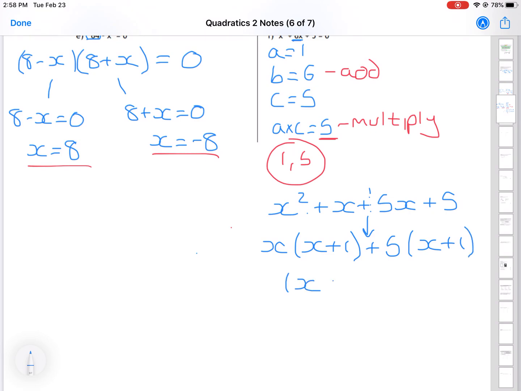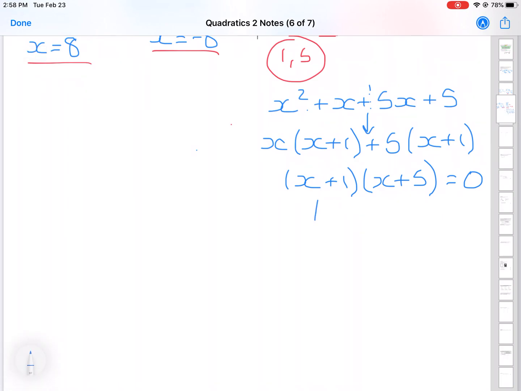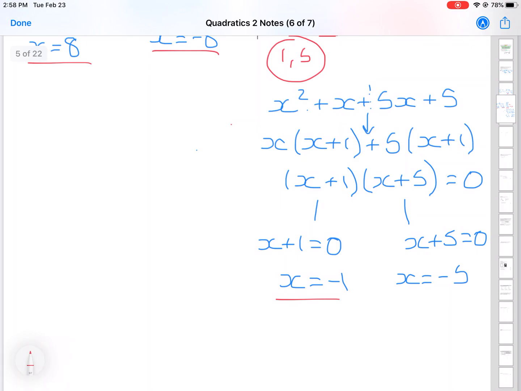Our two brackets then become x plus 1, which is the common bracket, and everything else that is left over, x plus 5. Set that equal to 0, and then we have our two brackets equal to 0, so we can find out the two values of x. x plus 1 equals 0, so x equals negative 1, or x plus 5 equals 0, so x equals negative 5. Those are our two values.